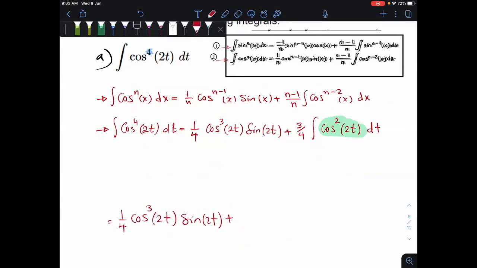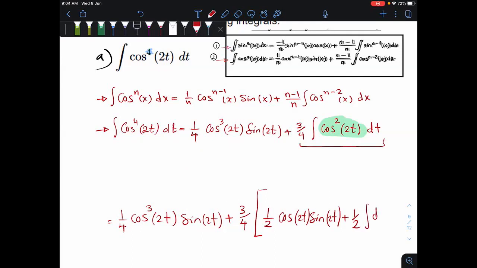For this part, 3 over 4 and open brackets, and repeat the rule again. Substitute 2 for n: 1 over 2 cosine of 2t sine 2t, plus 3 over 4t plus 1 over 2 integral of 1 dt, or directly dt.